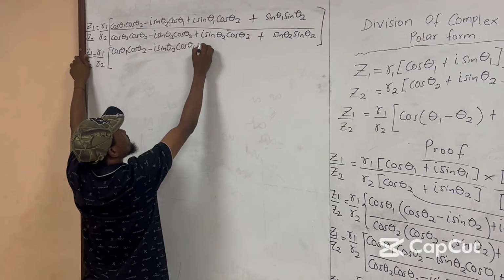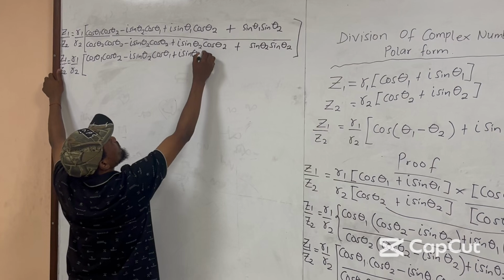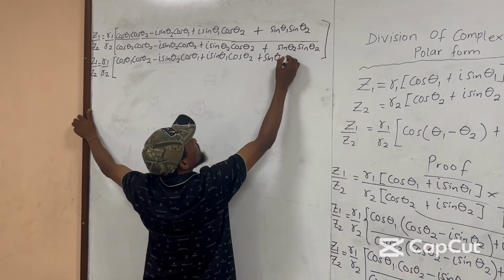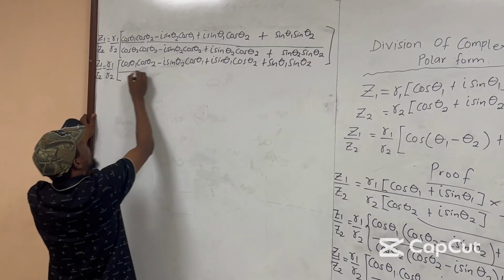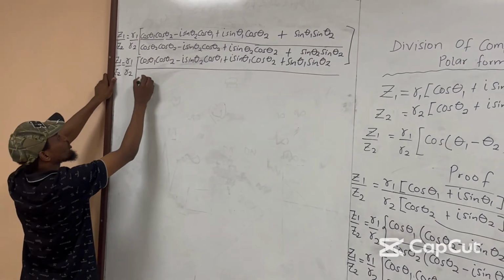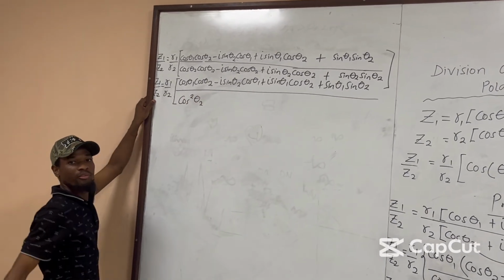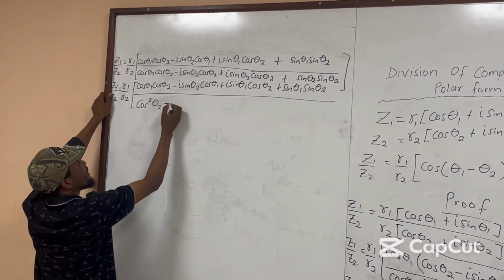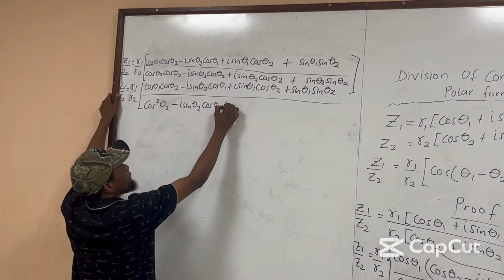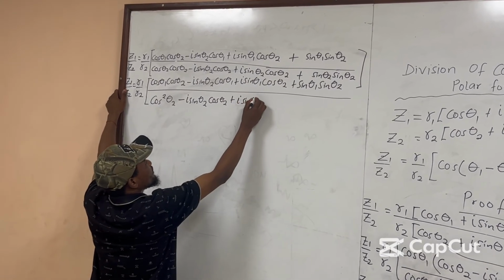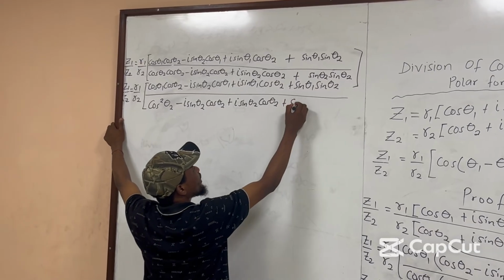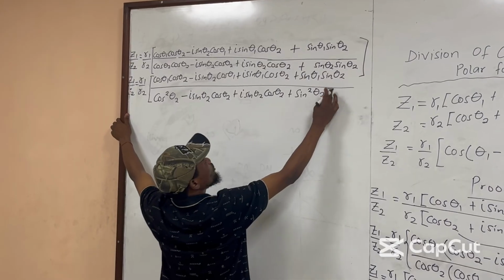Then we have plus I sin theta 1 cos theta 2, then plus sin theta 1 sin theta 2 all over cos theta 2 times cos theta 2 gives cos squared theta 2 from trigonometry, then minus I sin theta 2 cos theta 2 plus I sin theta 2 cos theta 2, then plus sin theta 2 by sin theta 2 is sin squared theta 2 this way.